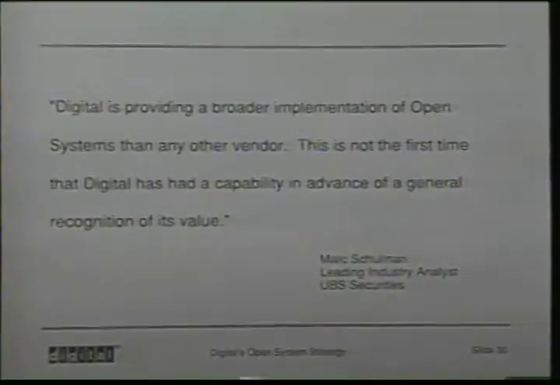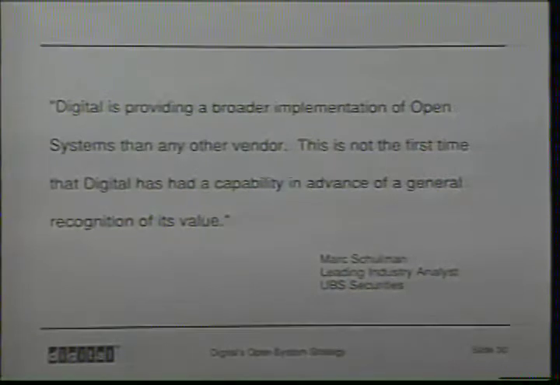And again, this has been recognized by analysts in the industry. Another quote from Mark Schulman says, "Digital is providing a broader implementation of open systems than any other vendor." And this is not the first time that Digital has had a capability in advance of the general recognition of its value. And that's an important concept. I think if you go back to the mid-'80s, when Digital was delivering, built into their products, the networking capability before most people knew that they needed networking capability.